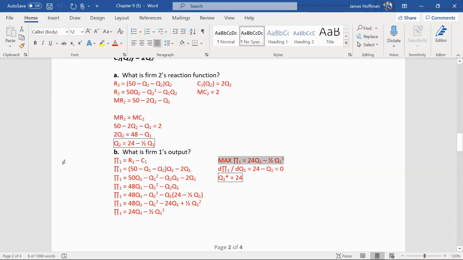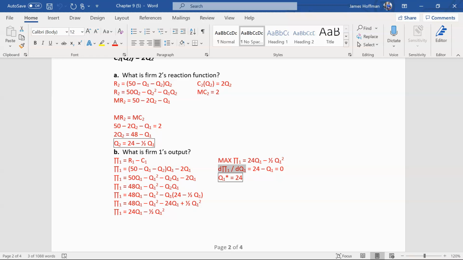And then the next step, let's maximize profit for firm 1 by choosing Q1. And that's the profit function. Let's maximize that choosing Q1. All you're doing here is differentiating the profit function with respect to Q1, and then setting that equal to 0, because when profit hits its maximum, that's when the slope or the derivative is 0.